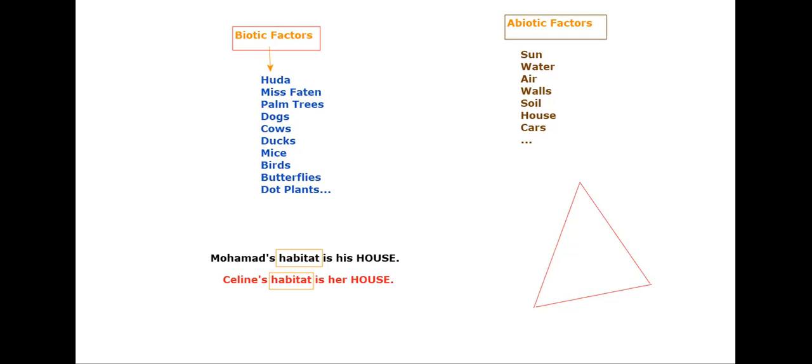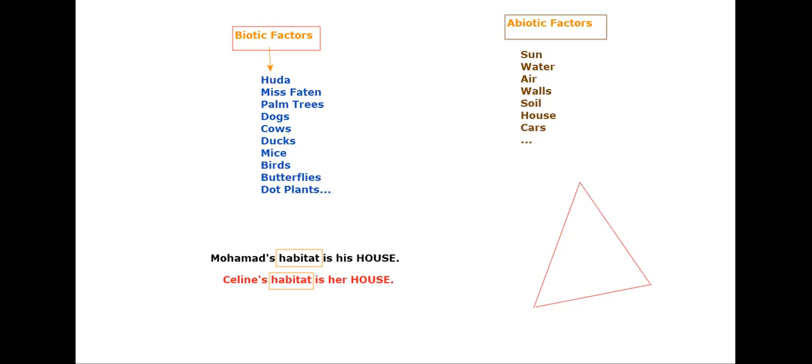Okay, we saw the toucan in the forest ecosystem. Where do birds live? Where is the place where some birds live? In the nest. The nest is the bird's habitat. So habitat is the place where something lives, meaning the houses for people or the tents for people.